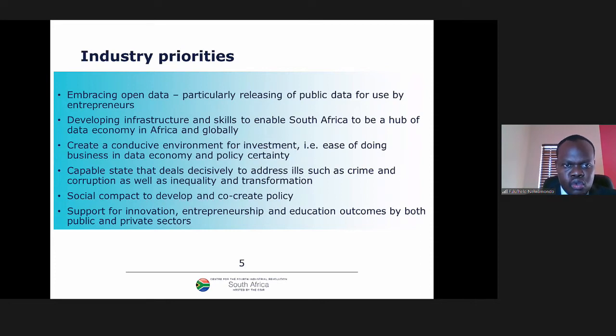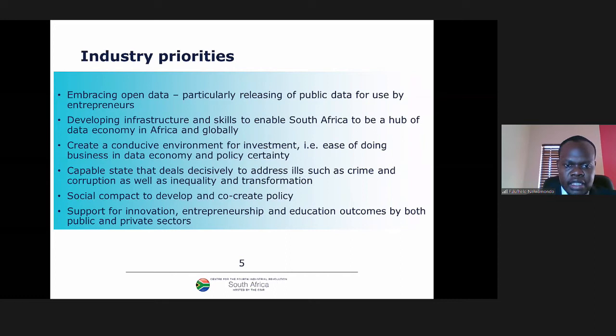We also look into, from the industry priority point of view, the creation of a conducive environment for investment. Again, this is something very strong, and it came out in a number of themes in the conference that we are having now. The creation of a capable state that can deal decisively with ills such as crime, corruption, inequality, and many others came as a strong aspect, again, to say, how do we then use the data policy from the industrial point of view to assist in those areas?